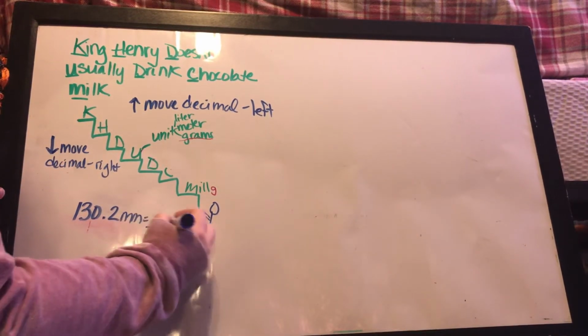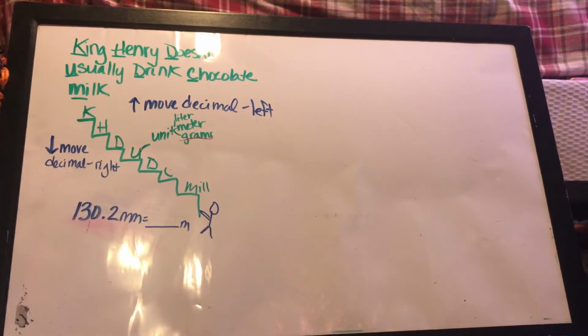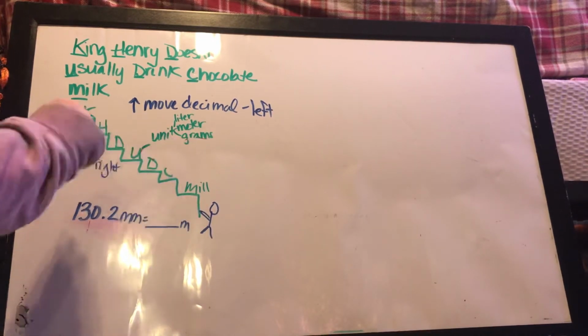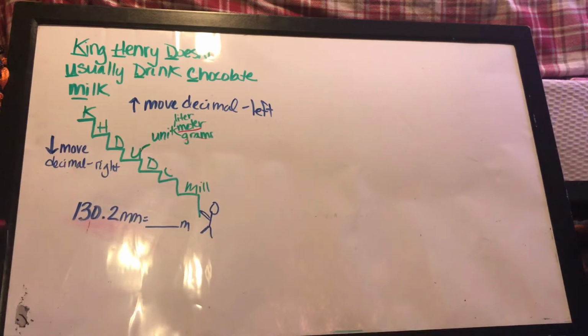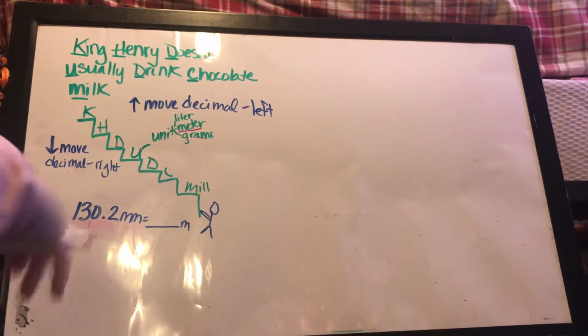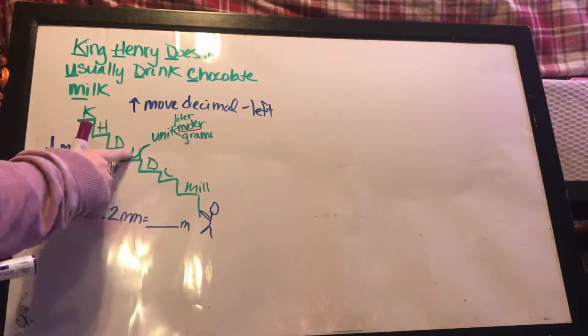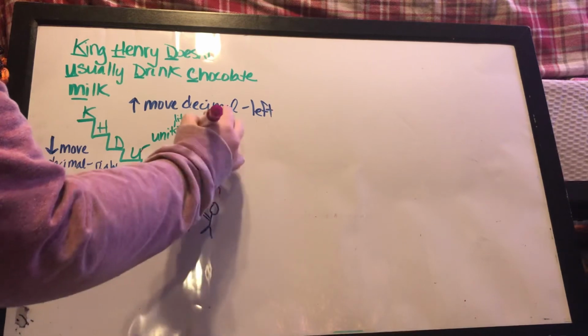And let's say now we're going to go to our meter. So now we're using this ladder for not our grams, but for the meter. So we can change this out for whatever unit that we're using, liters, meters, or grams. So this time we're starting at a smaller unit, and we're going to go up to our meter, our unit. So millimeter, and we're going to go to meter.